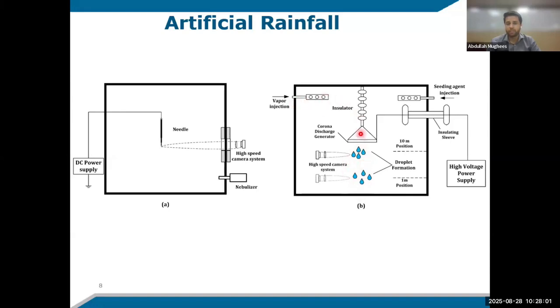Along with this electric shock method, we can introduce a seeding agent as well, to ensure we did a great job, because a cloud is a huge amount of air. If you're going to give electrical shocks, it is very difficult to cover all of that area, because you have probably seen the sparks.